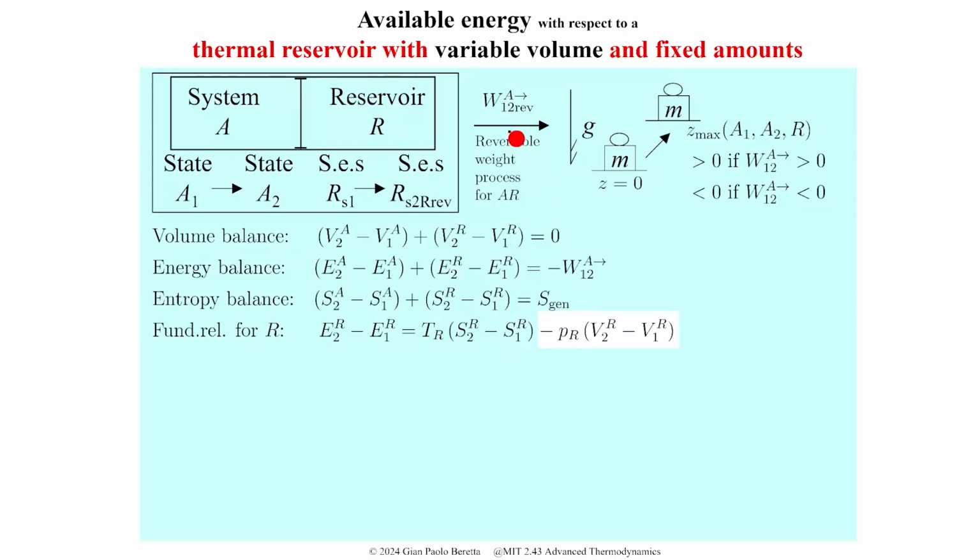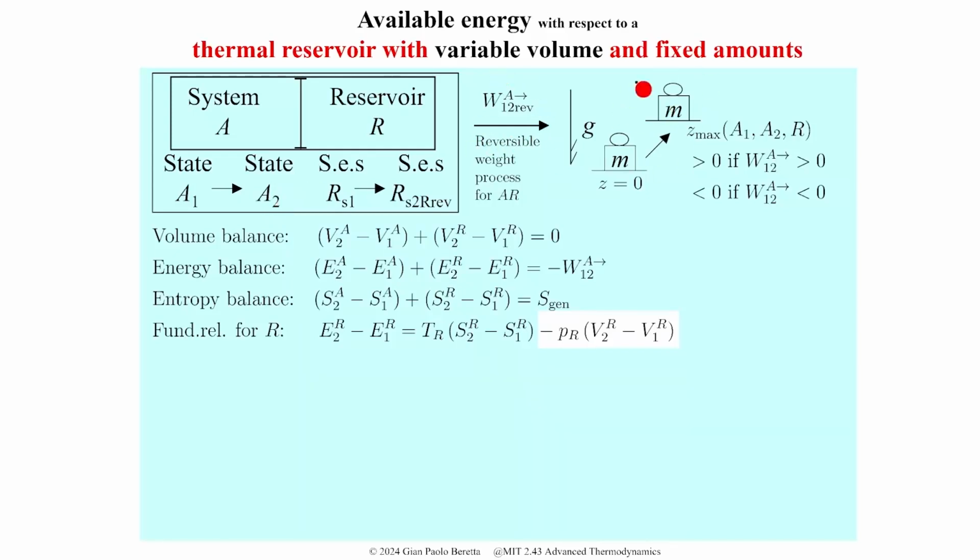So we ask the same question now. What if I'm changing state for my system, but it exchanges volume with the reservoir? So maybe the system changes also the volume. And where does it take that volume? From the reservoir. Or where does it give it? To the reservoir.